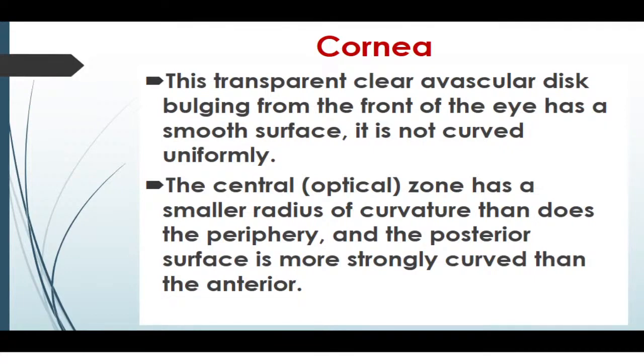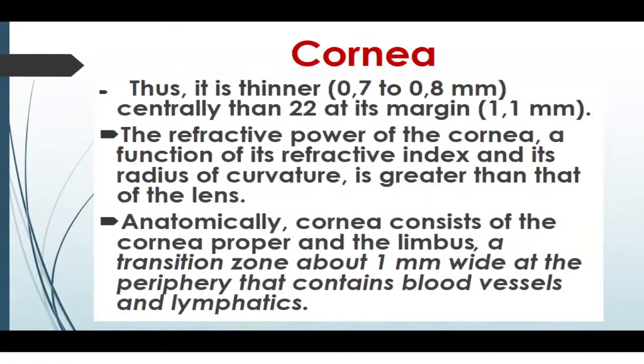The central optical zone has a smaller radius of curvature than the periphery, and the posterior surface is more strongly curved than the anterior. So that's very important for light refraction.